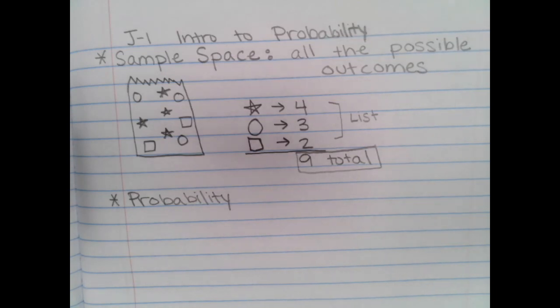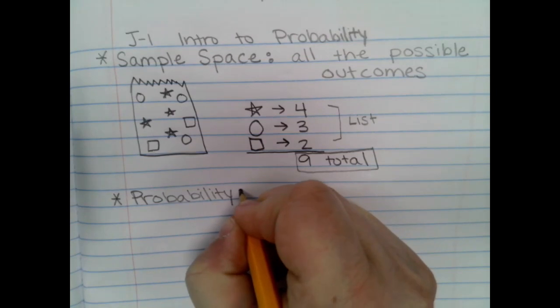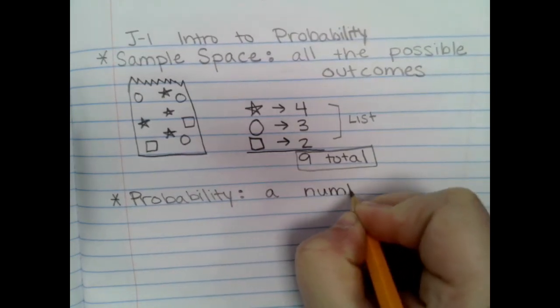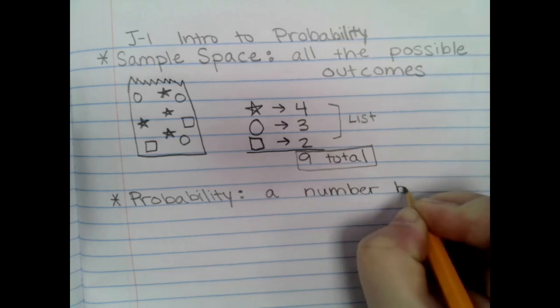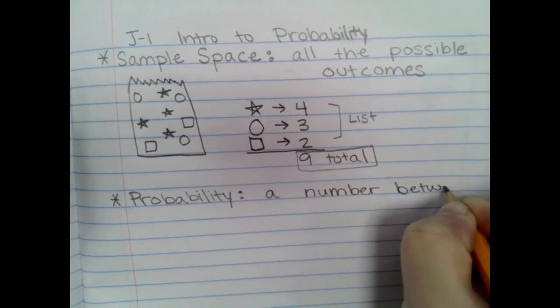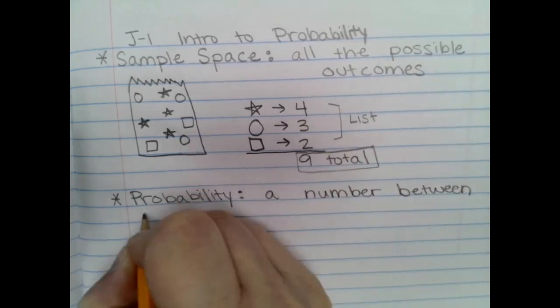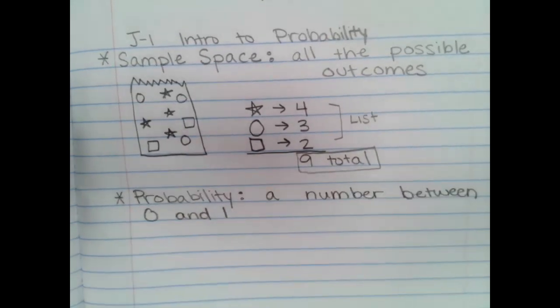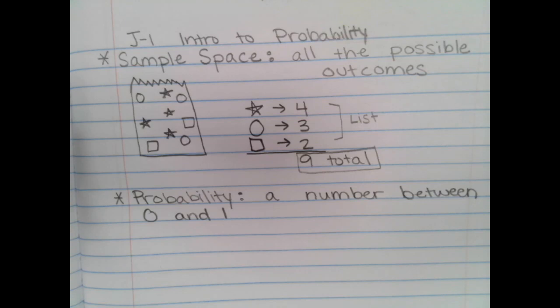So it's a number between 0 and 1 to represent how likely an event will happen.